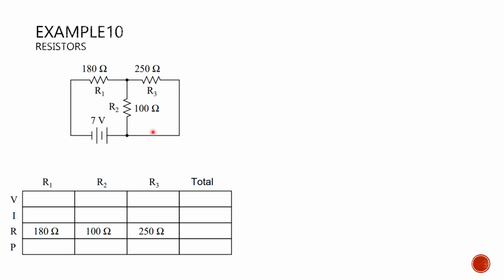So if we write a single zigzag line for the combination of R2 and R3, we're going to use a parallel connection, meaning we use the reciprocals of the resistances in finding the equivalent resistance for R2 and R3.